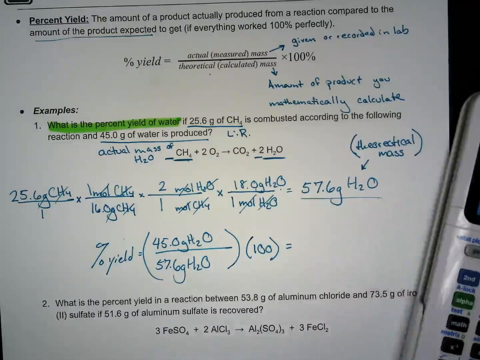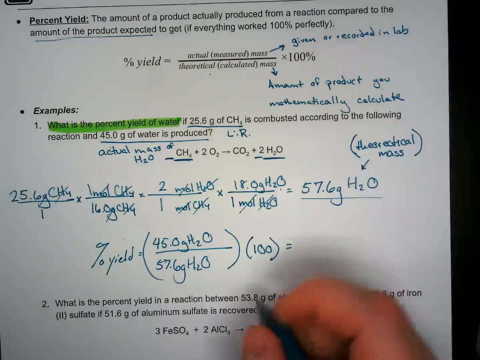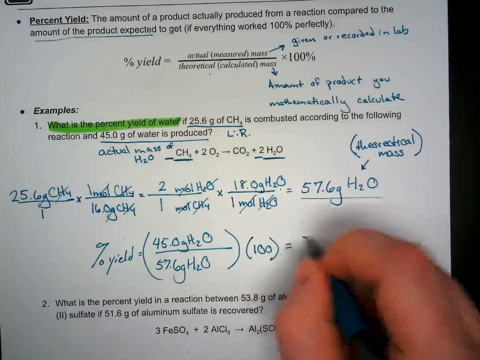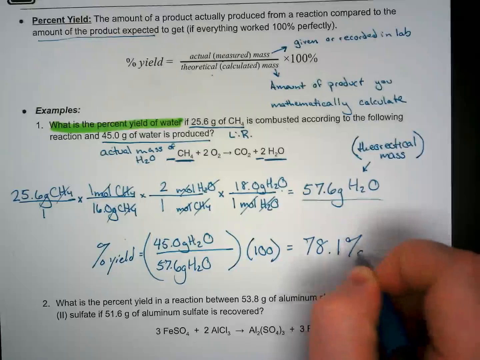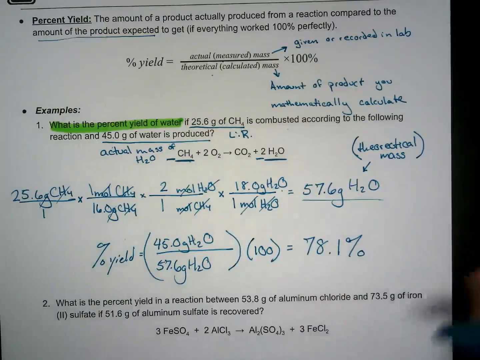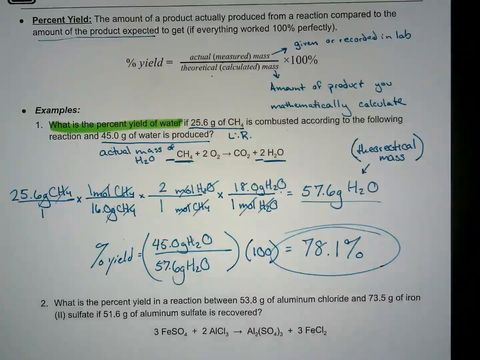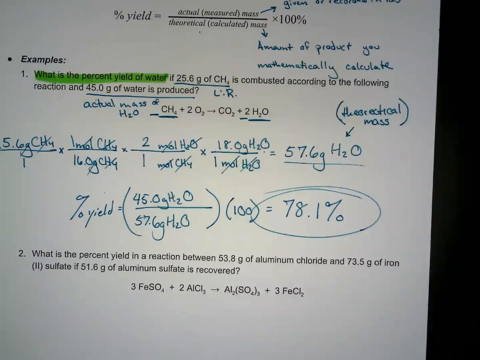Okay, and roughly speaking, 45 divided by 57.6, and I'm going to get somewhere around 78.1%. Okay, so in this case, we are quite a ways off.